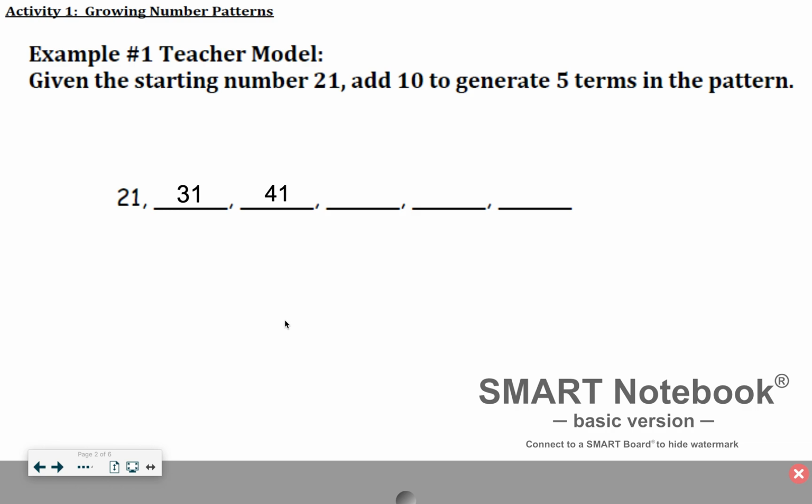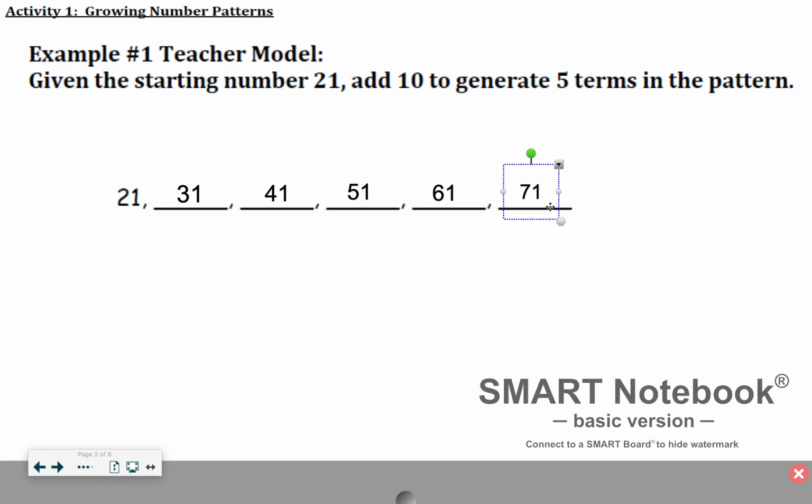I'm going to continue this manner until all the 5 blanks are filled in with the correct sequence of numbers. So 41 plus 10 is 51. 51 plus 10 is 61. And 61 plus 10 is 71.